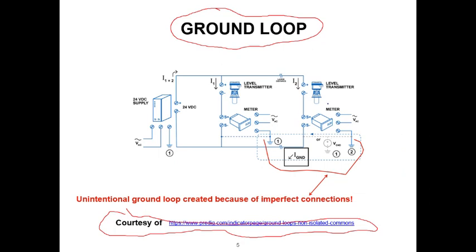A ground loop theoretically should not exist, but it does quite frequently. It's a case where there's a difference of potential, or a voltage, between two ground points. And that can be caused by too small of a ground wire, poor connection, bad wiring practices, just a whole host of things.